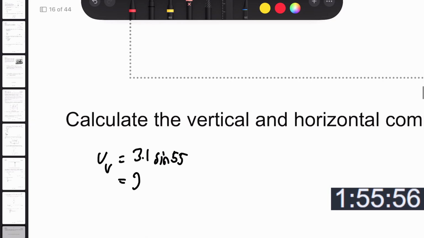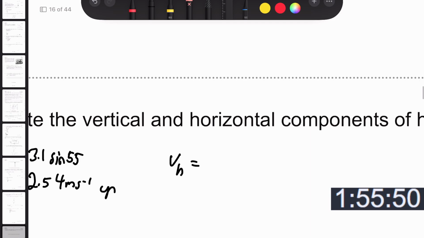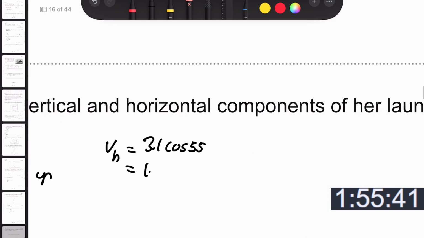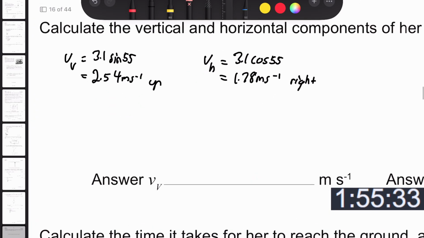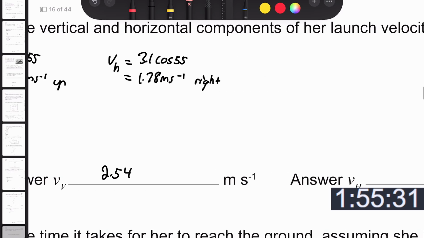So 2.54. And then velocity horizontal is 3.1 cosine of 55. So 1.78 meters per second, right? So 2.54 and then 1.78.